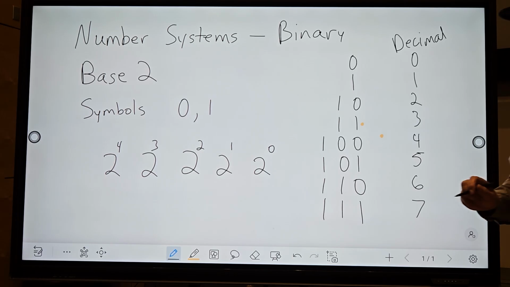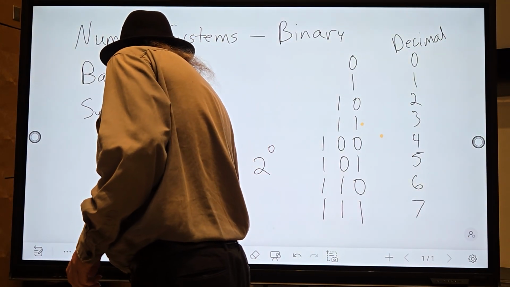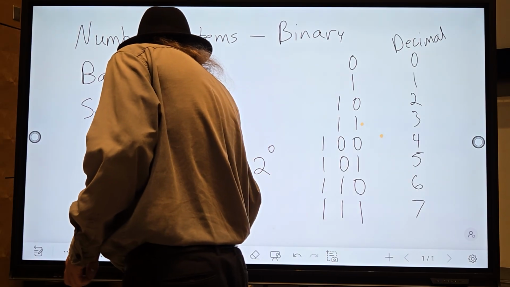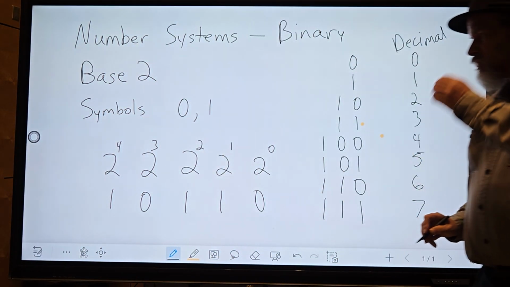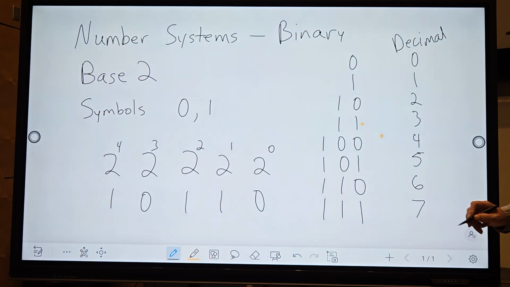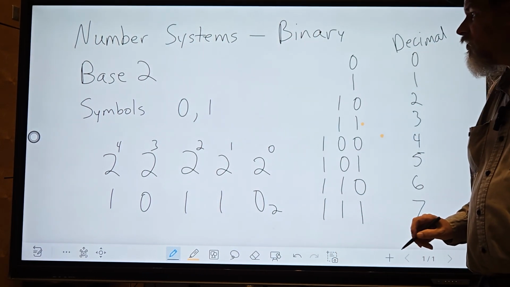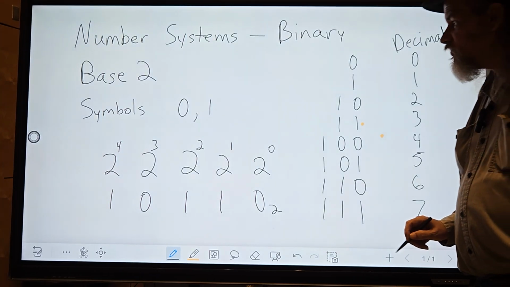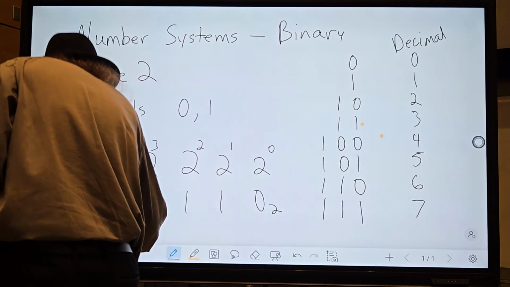So, if you have a number, say 1, 0, 1, 1, 0 in binary, two to the fourth is 16.